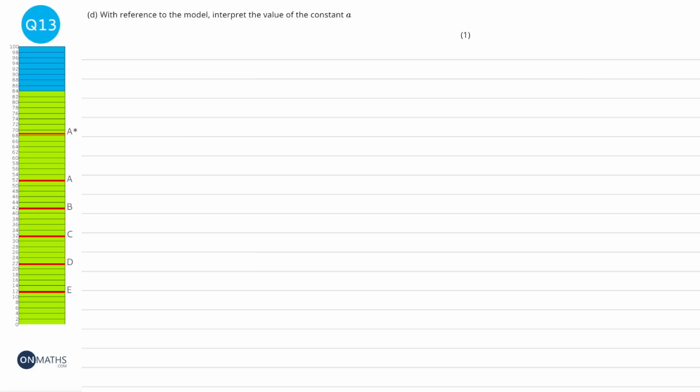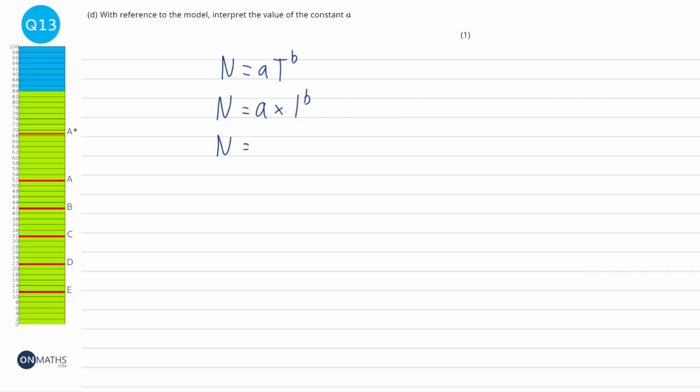So let's look back at our first formula. So it's n equals a t to the power of b. And what we're going to do is just put t as 1, and you'll see something that happens. So it's a times 1 to the power of b. Notice that 1 to the power of anything is just going to be 1.